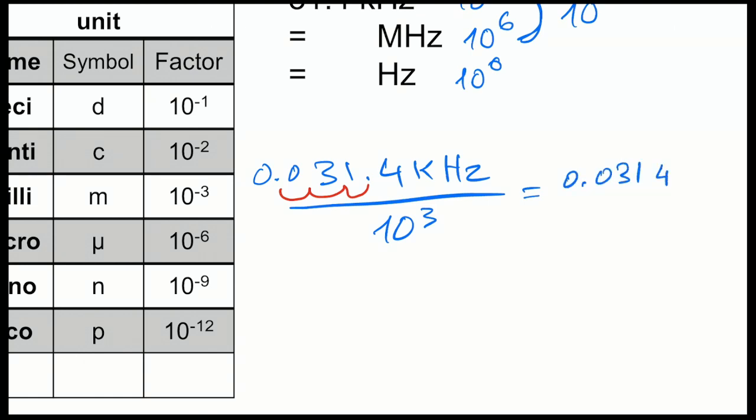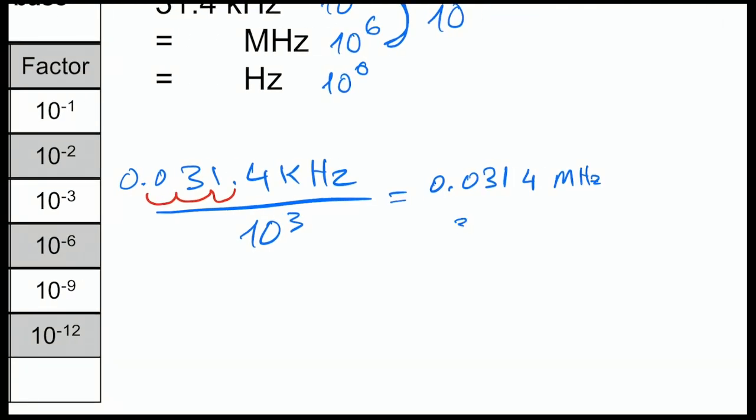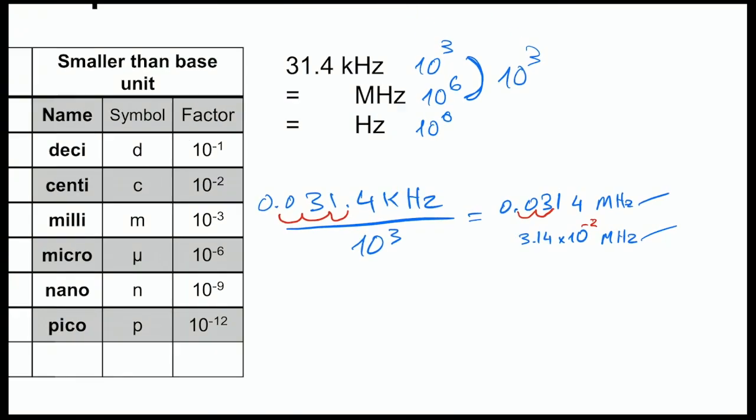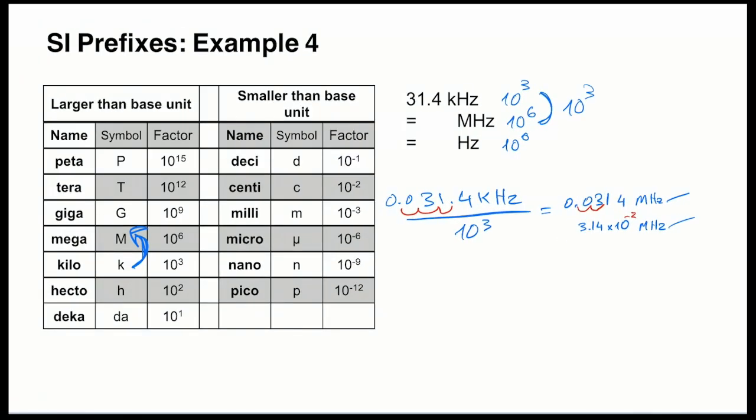That gives 0.0314 megahertz. You could write in scientific notation 3.14 times 10 to the power of something, and that something is going to be 1, 2, so -2, still in megahertz. So decimal and scientific, both. If I'm going from kilohertz to hertz, that's a different story.